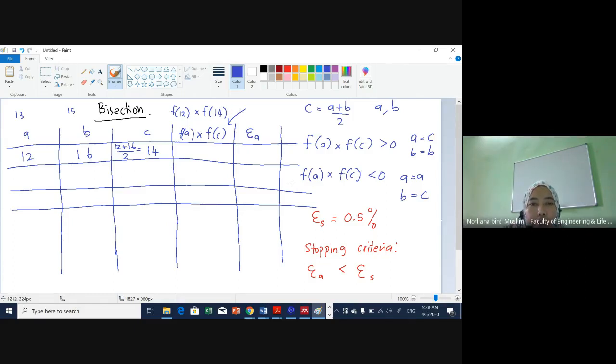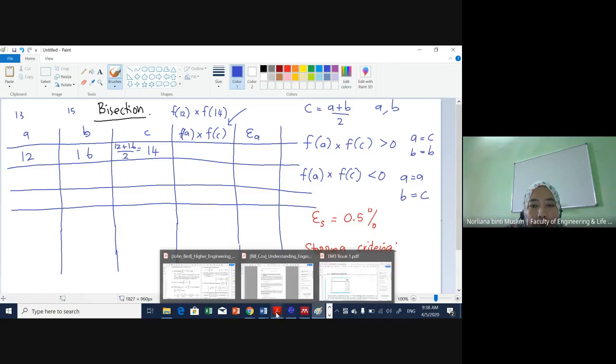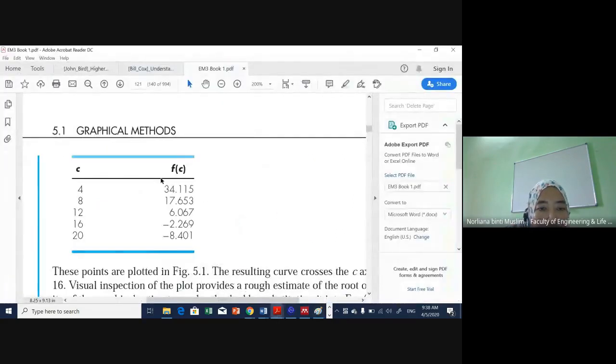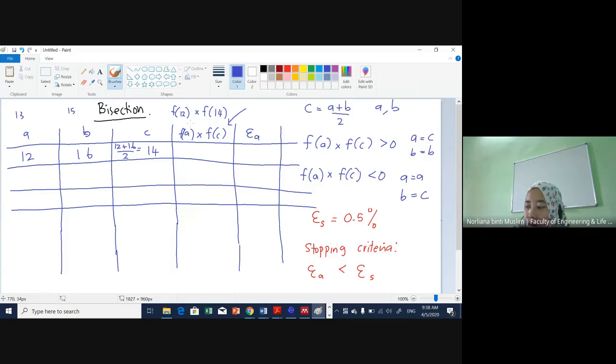I'm going to refer to the table, because the table is given. I'm taking F12. F12 is positive, 6.067. So I will write down just the positive symbol.